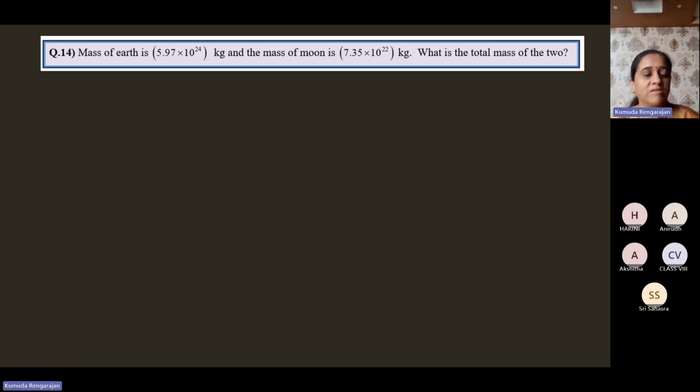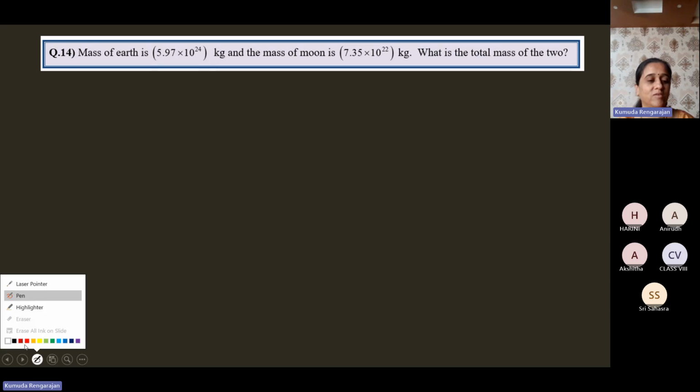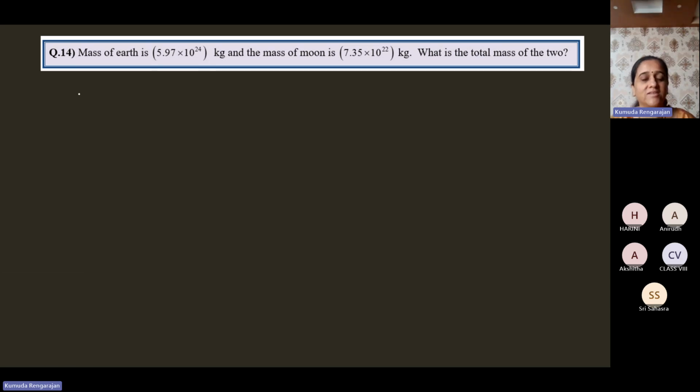So here, this is the next question. Mass of Earth is given in kgs and the mass of Moon is also given in kgs. What is the total mass of the two? So see, questions like this, we've been answering since second standard. Like weight of apples is 2 kgs and weight of mangoes 5 kgs.